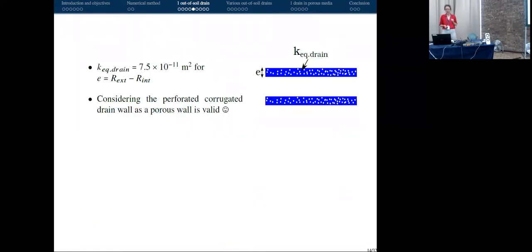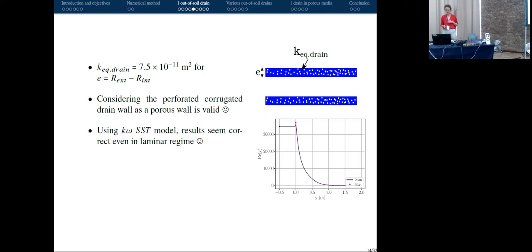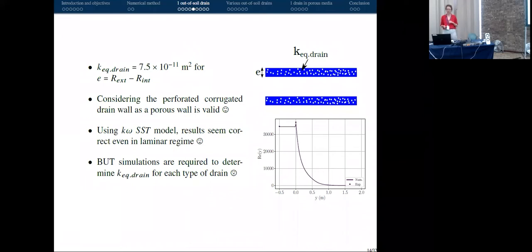So to conclude on this part, considering the perforated corrugated drain wall as a porous wall is valid, and we found a coupled thickness and equivalent permeability to fit experimental results. Using a k-omega SST model to model the flow along the drain seems valid, even in laminar regime, but we don't have any formula to calculate the equivalent permeability.